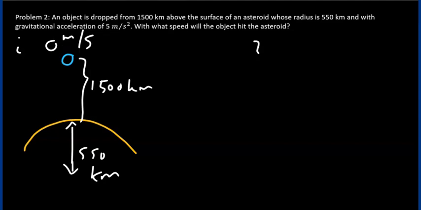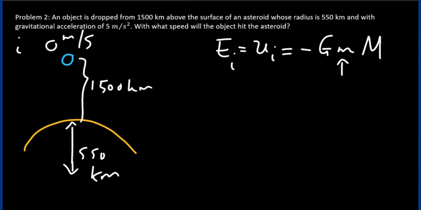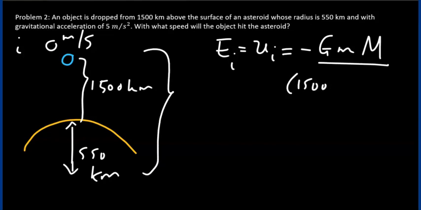So that means the initial energy of this object is just gravitational potential energy, and that's minus the gravitational constant times the product of the masses, the mass of the object and the mass of the asteroid, over this entire distance, which is 1500 plus 550, and let's convert it to meters by multiplying it by 1000.